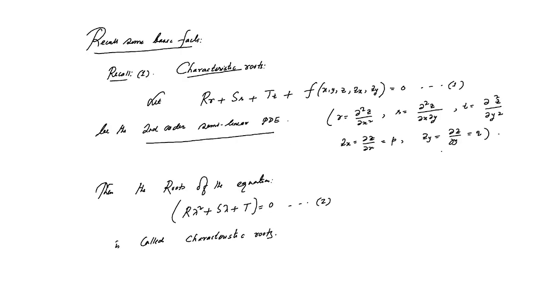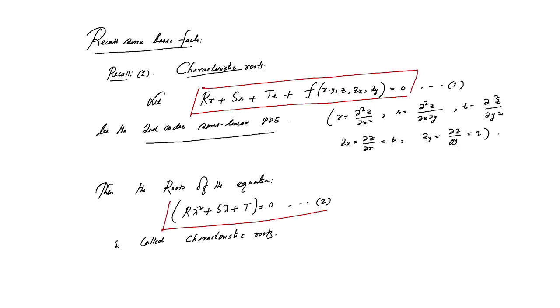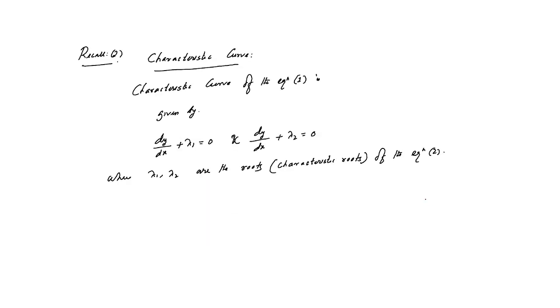Here you will see this is our equation 1 and the next one is our equation 2. So this is a quadratic equation in lambda. So you will get two values of lambda here, maybe lambda 1 and lambda 2. Corresponding to these two characteristic roots, we will consider two characteristic curves here.